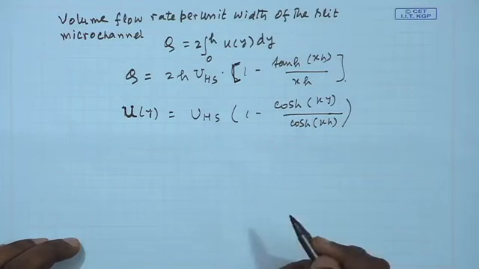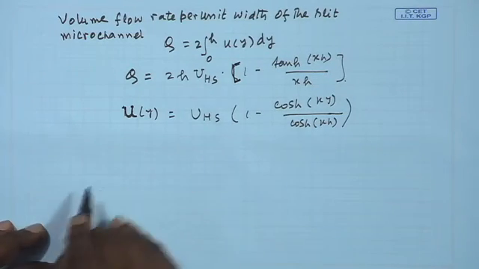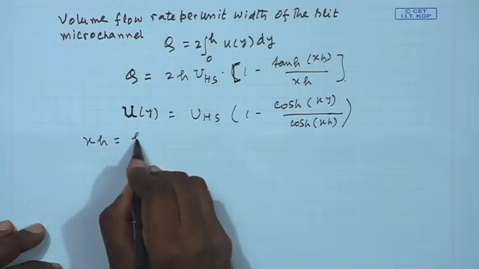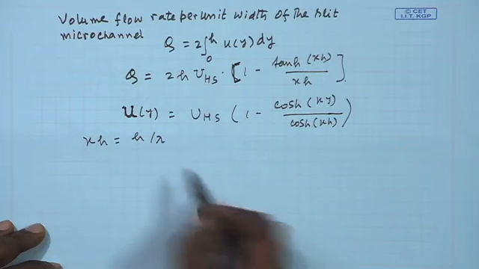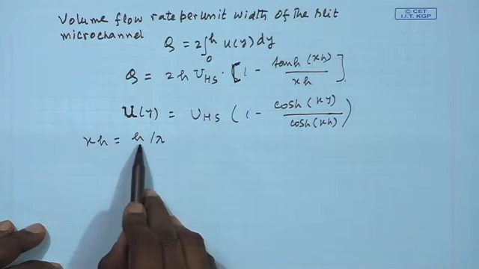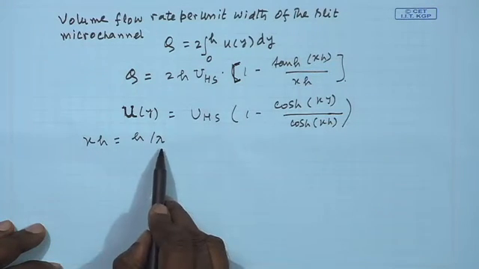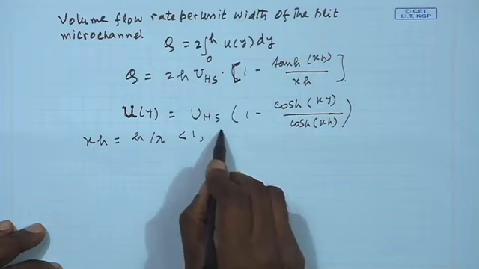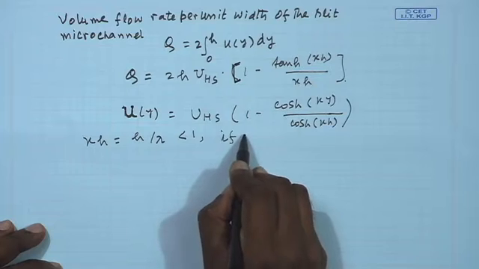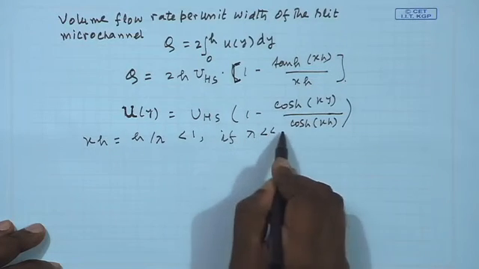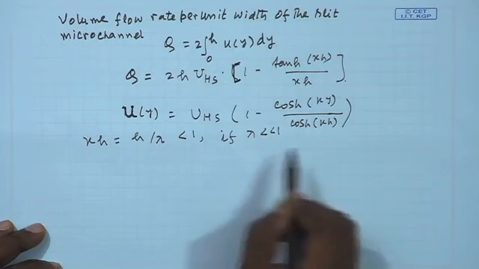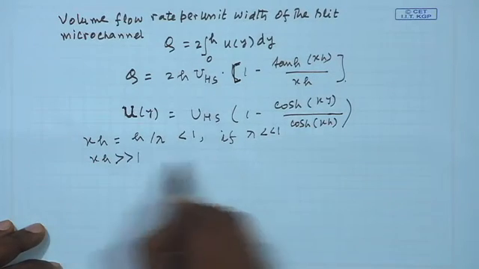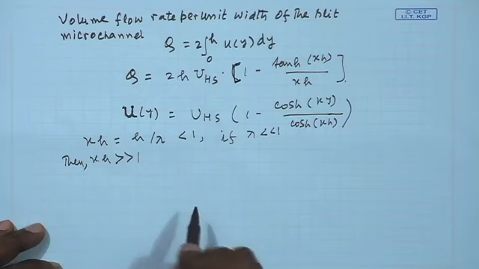Now, a few important things from here. Say kappa h is nothing but h by lambda, the ratio between the channel half height and the Debye length. Now, if lambda is very small, that means a thin EDL, so kappa h is very large.